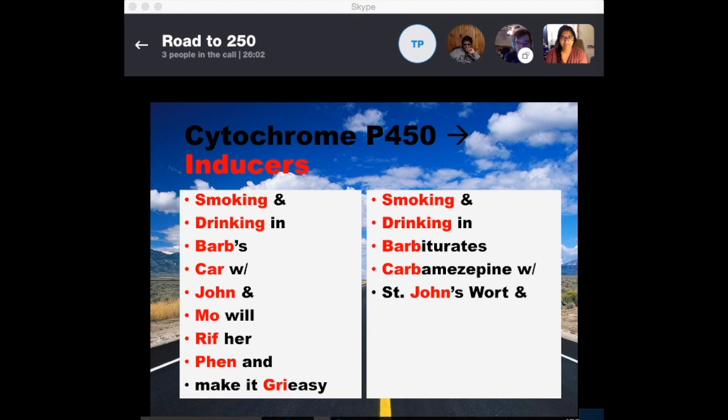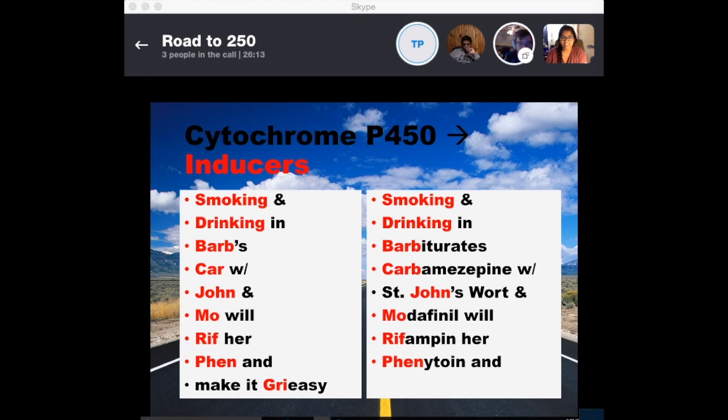Mofetil? Close, modafinil. Rifampin, phenobarbital. And phenytoin, actually. Oh, phenytoin. Phenobarbital is also in there. You're right, phenytoin and phenobarb. That's a tricky one.